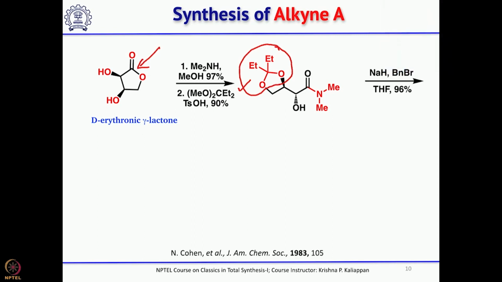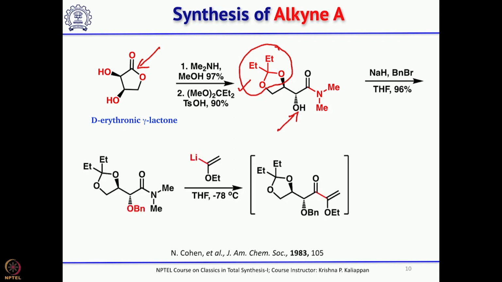Then sodium hydride and benzyl bromide, you could remove this proton and benzylate the remaining secondary hydroxyl group, followed by treatment with 2-lithio vinyl ether. This is a vinyl ether, and at the alpha position you can generate the lithio species by treating with n-butyl lithium or tertiary butyl lithium. That will add to this Weinreb-like amide, and you will get the corresponding enone.